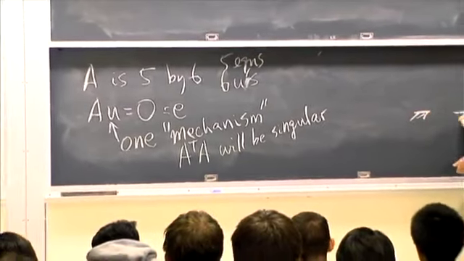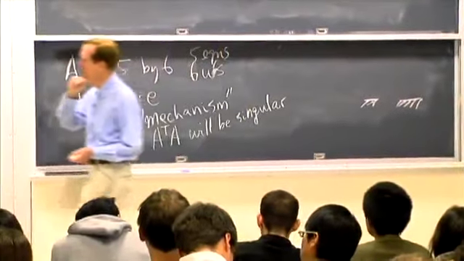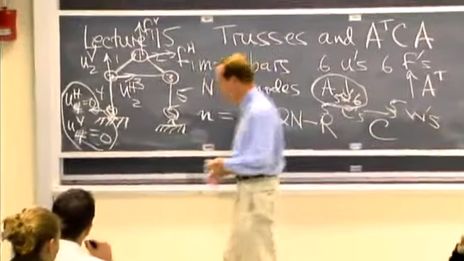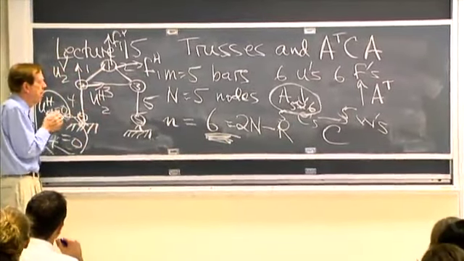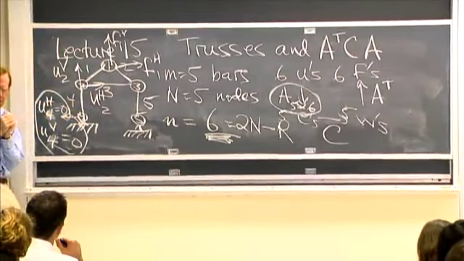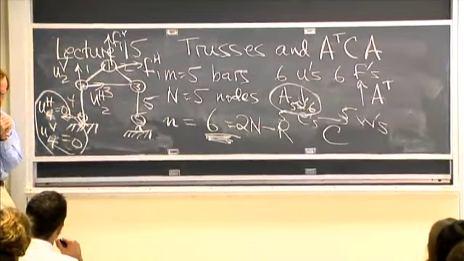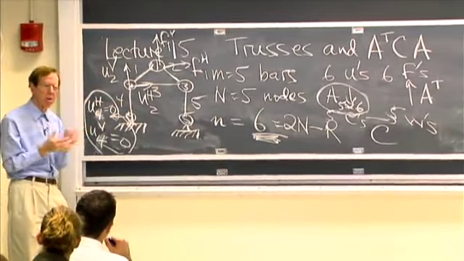Let me put in the truss now. What's the solution? So this is the fun part in a particular example at the start. How could that move without stretching bars?